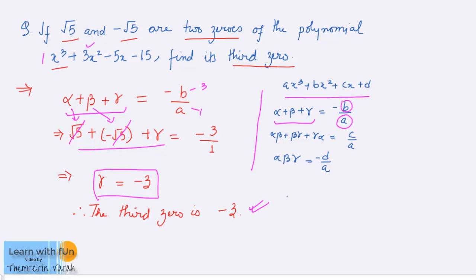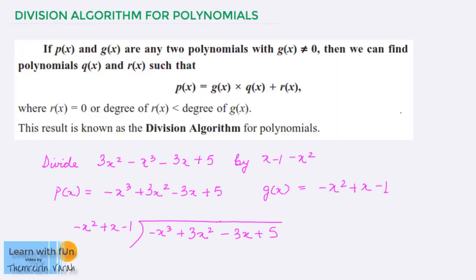It's very simple. Okay, now the division algorithm for polynomials.